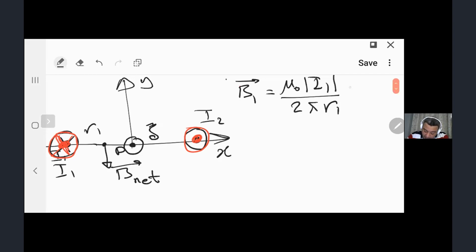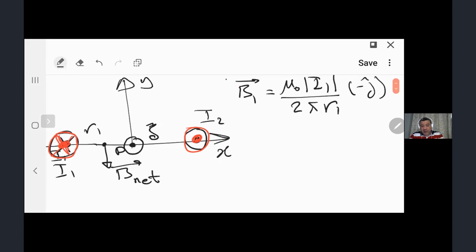hat. So this minus j hat is basically, this minus came from the I, right? Because the I was pointing in the negative direction, I had my magnetic field here at this point pointing in the negative direction of the Y. So this is where the minus came from.